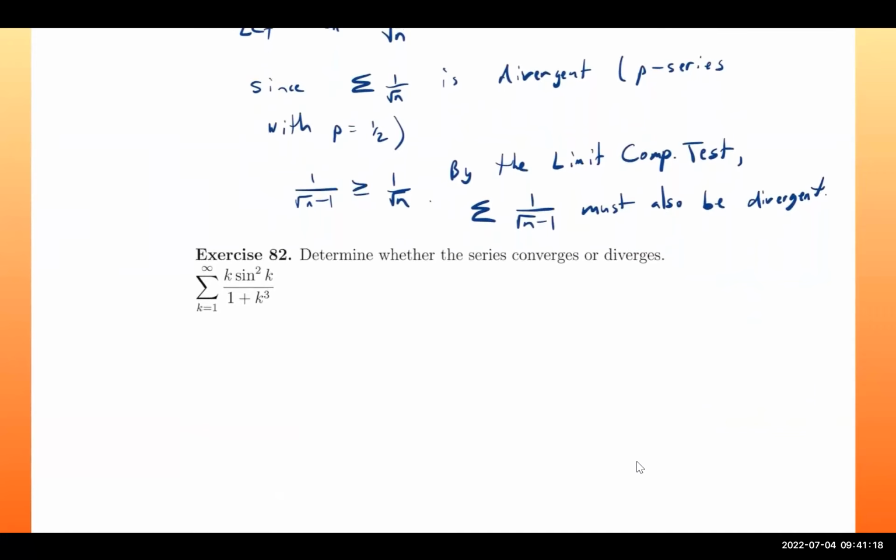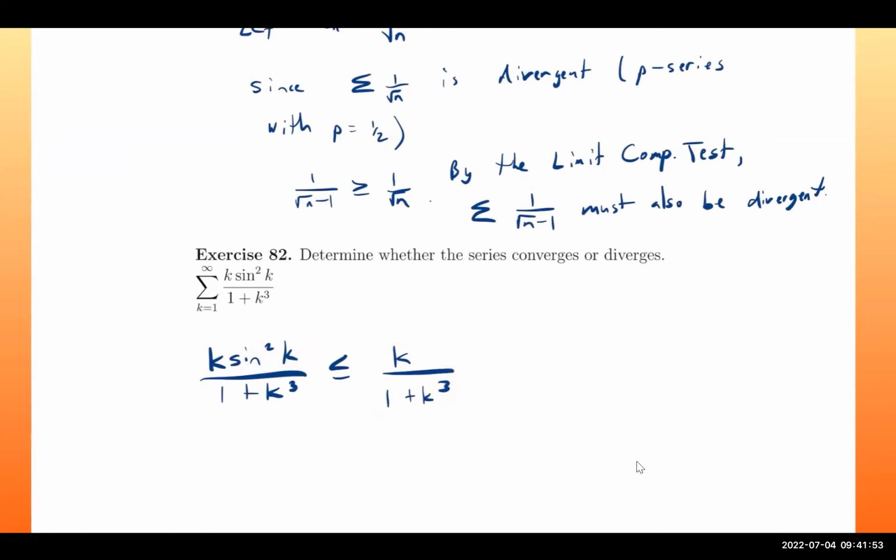Okay, so for this one, we're going to start with saying that k sine squared k over 1 plus k cubed is less than or equal to, well, since sine is bounded by 1 and negative 1, and when you square it, it's going to be bounded by 1, we can say that it is less than or equal to this, because when you square sine, the biggest value it can take on is 1, and so this is true.